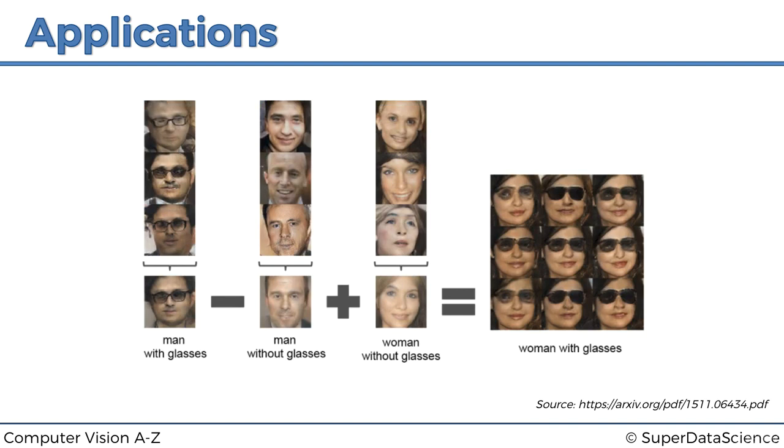Here's another example. Man with glasses, subtract man without glasses. Completely different man, as you can see. And then you add a woman without glasses, and you get a woman with glasses. Very interesting.